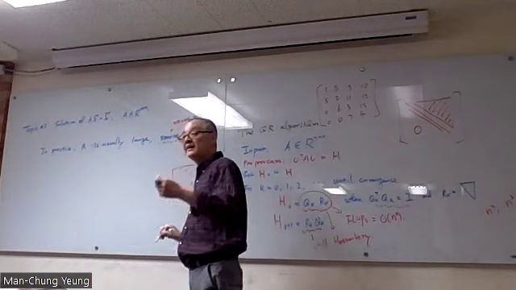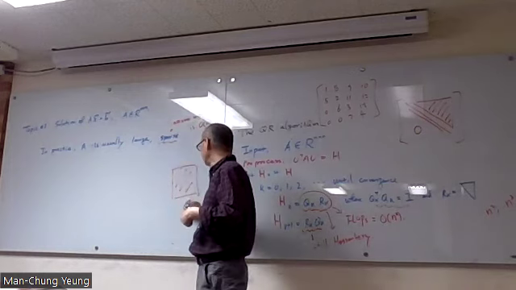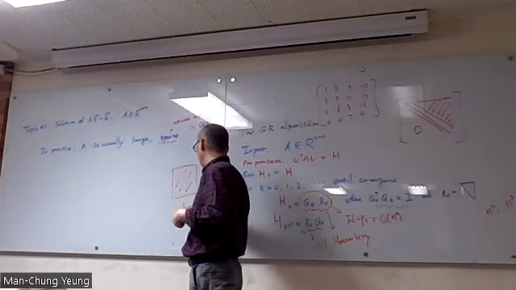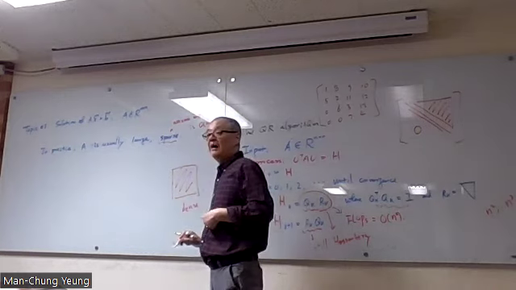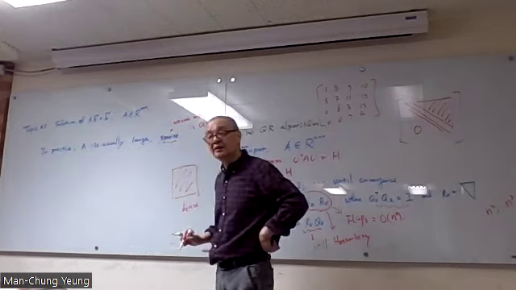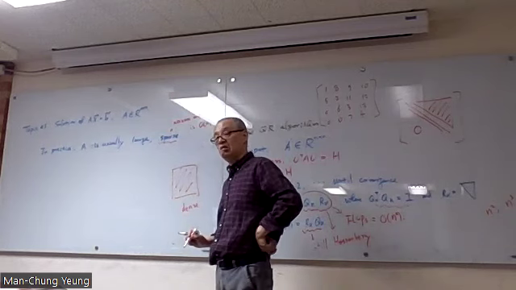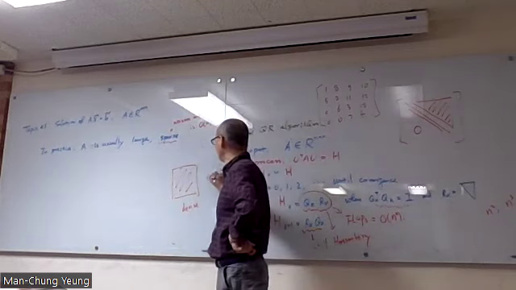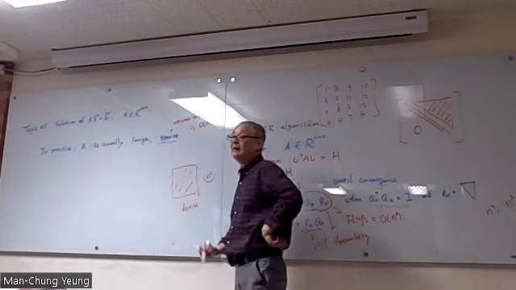If the matrix is full or dense, how many non-zero entries? n squared, right? So many.